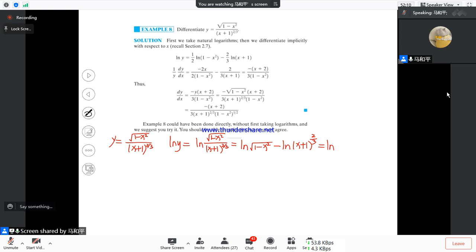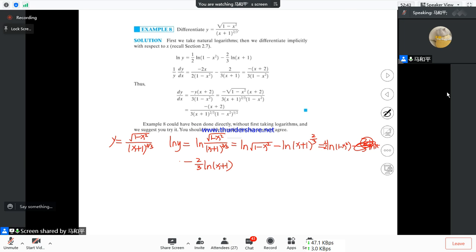So we write 1 over 2 ln 1 minus x squared, minus 2 over 3 ln x plus 1. Right? You understand it? Okay.